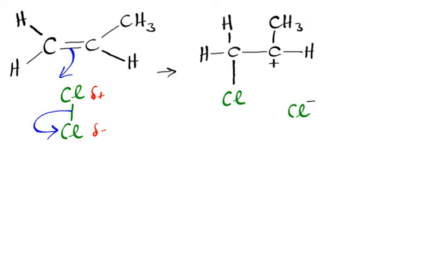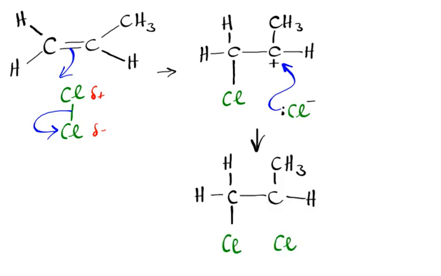We need to show the lone pair on the chloride ion, and then the final stage of the mechanism shows the chloride ion forming a bond with the positively charged carbon. And so there is our final product, 1,2-dichloropropane.